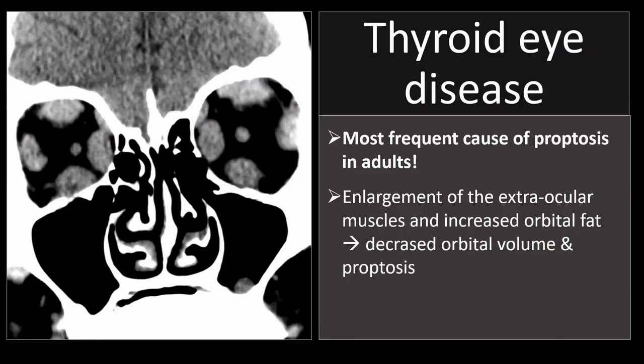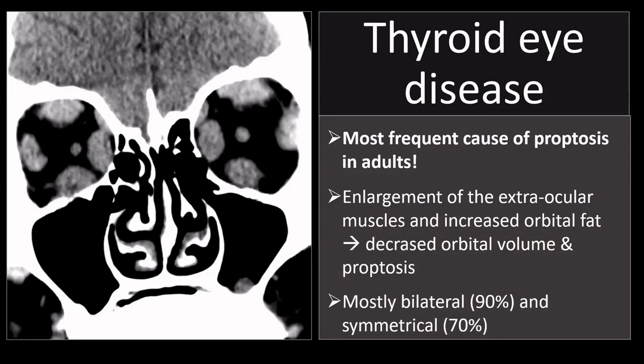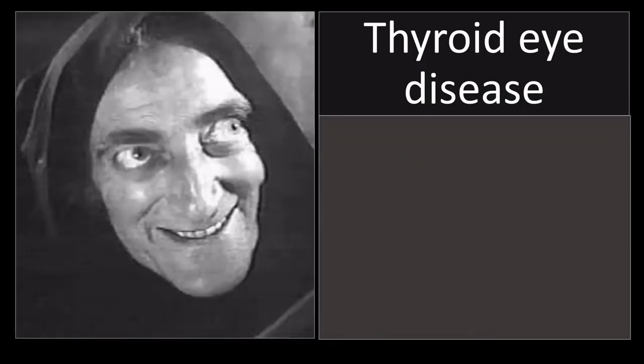And the proptosis is caused by enlargement of the extraocular muscles, but also by an increase in the volume of orbital fat, which leads to a decreased orbital volume and proptosis. Thyroid eye disease is bilateral in about 90% of cases and mostly symmetrical in about 70% of cases, which is also important in the differential diagnosis with idiopathic orbital inflammation, but more about that later.